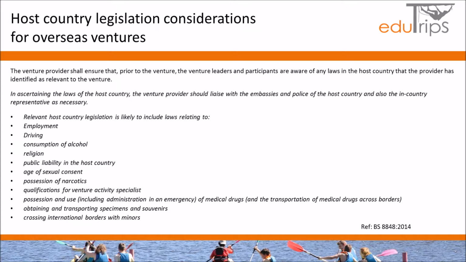So in this particular case, it could be an EVC if it's an organiser in this country, but it could also be the in-country activity specialists or holiday provider. They should be liaising with the embassies and police, if necessary, of the host country to identify what the requirements are.